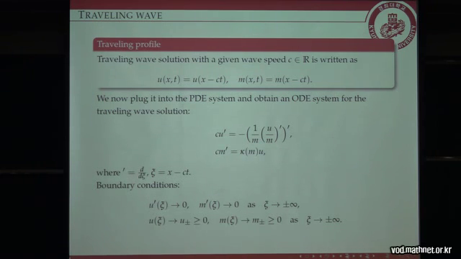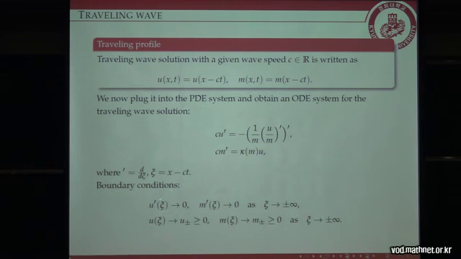Actually, an ODE is not easy to solve. But in our case, we have some good structure, so we can easily solve this equation. Now we assume the boundary condition is like this.